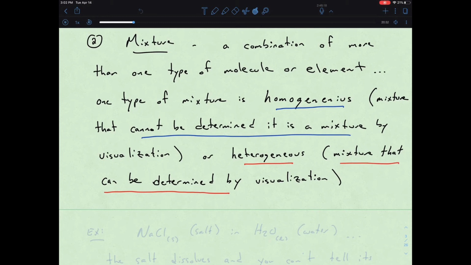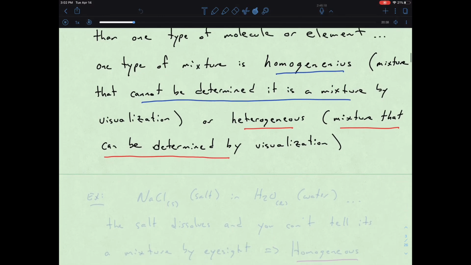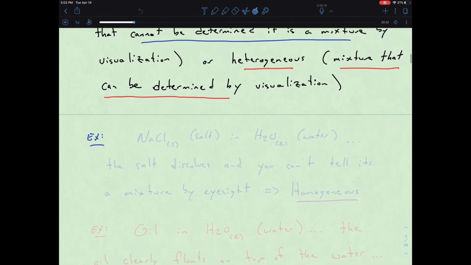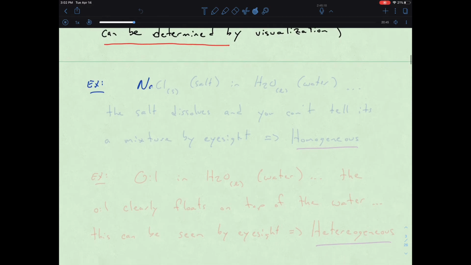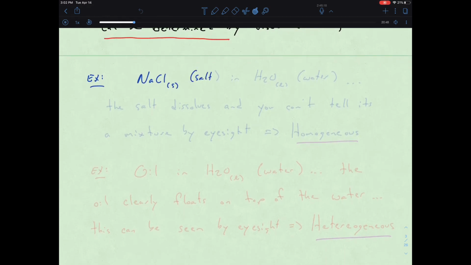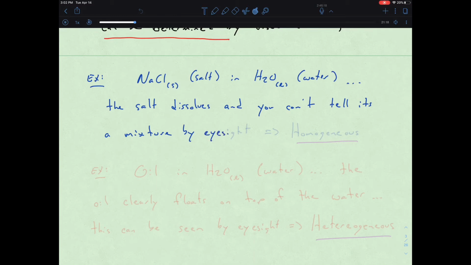And so as far as an example of these two, if we put sodium chloride or salt in water, right, the salt dissolves, and you can't tell it's a mixture specifically by eyesight.